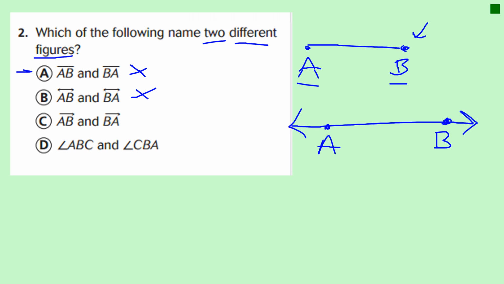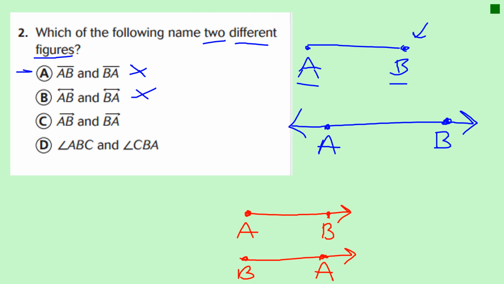All right, let's see this one. Oh, this one is a ray. Ray AB and ray BA. All right, so let's try that one. Ray AB and ray BA.